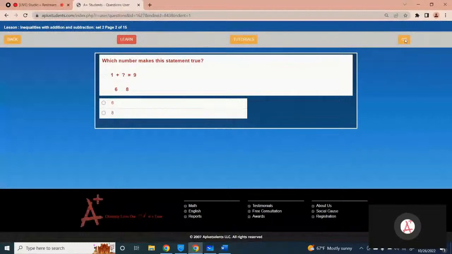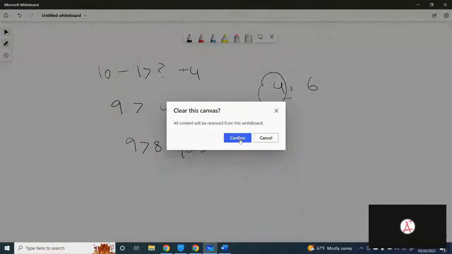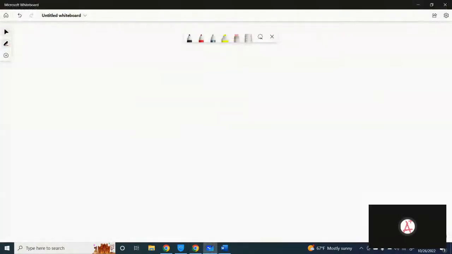Okay, 1 plus the missing number equals 9, and the options are 6 and 8.